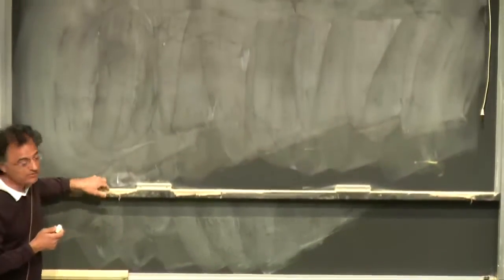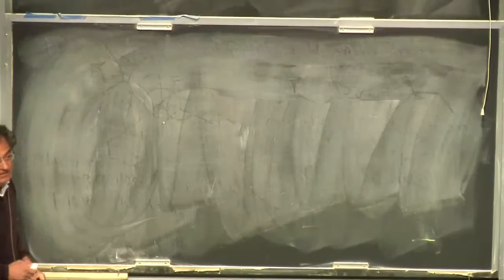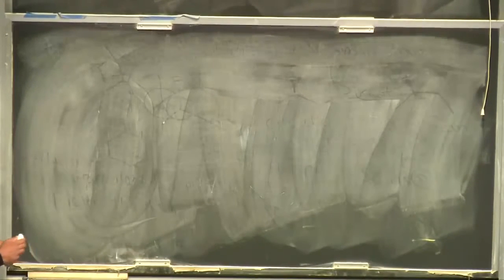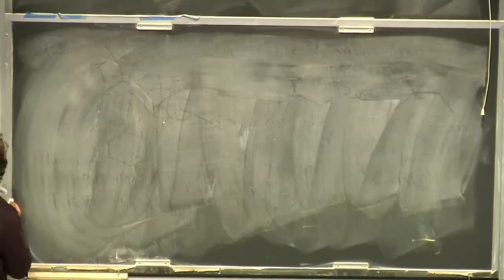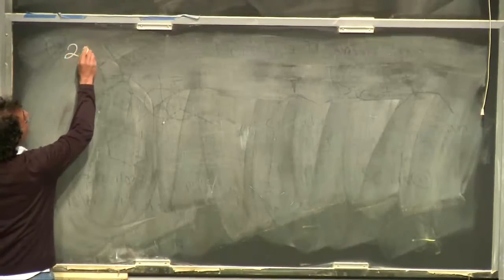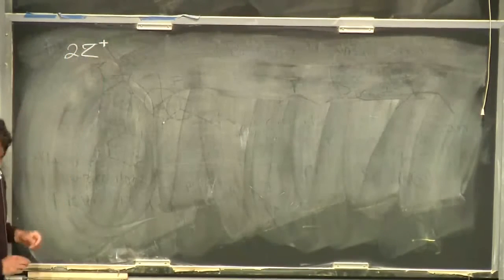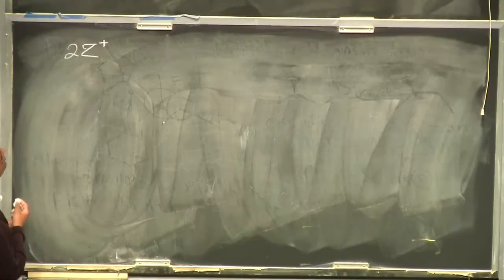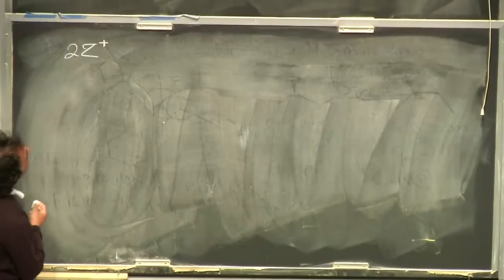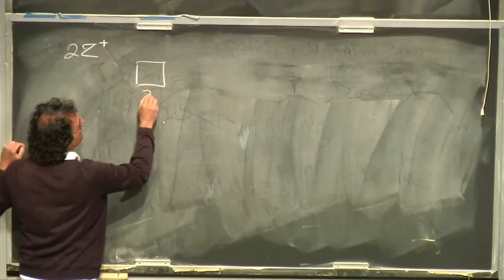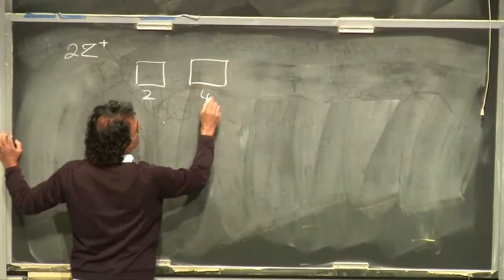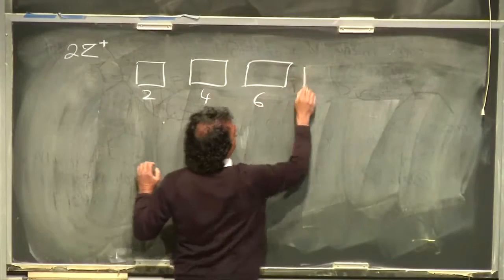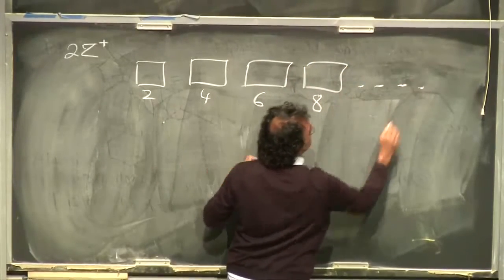Just to get some intuition for this, we might look at a different hotel, which is called 2Z plus. It just happens to have even numbered rooms, so 2, 4, 6, 8, and so on.